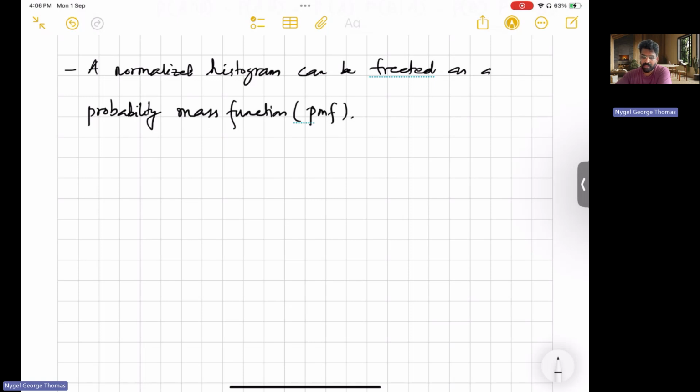So what is a probability mass function? Normally, there's a probability density function and a mass function. What's the difference? There are systematic ways of defining it, but within the scope of this course, we can just look at them as PMF is for discrete cases and PDF is for continuous cases.